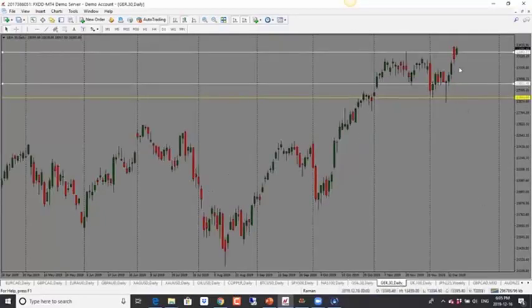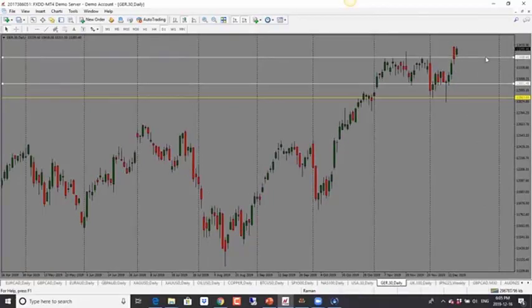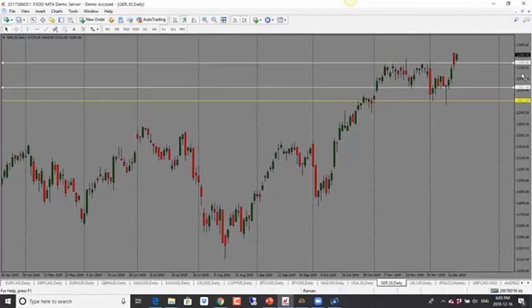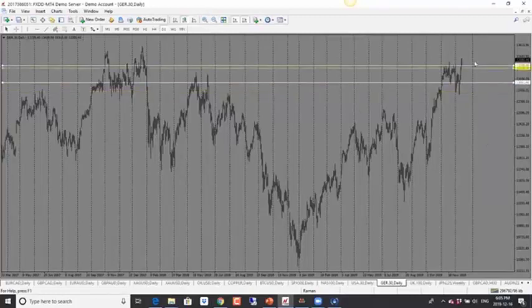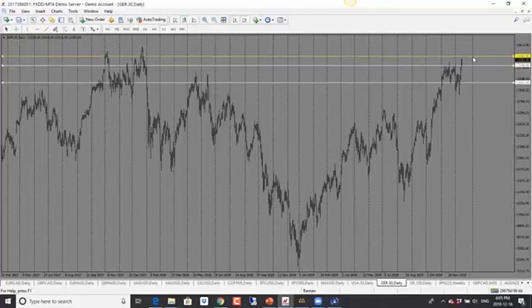DAX here, DAX is looking bullish, and if it holds above 13,300, this one could go further up into 13,450.